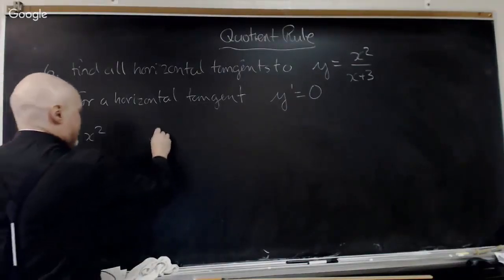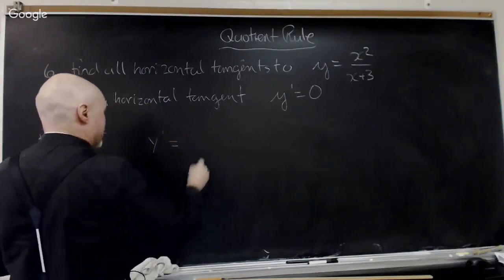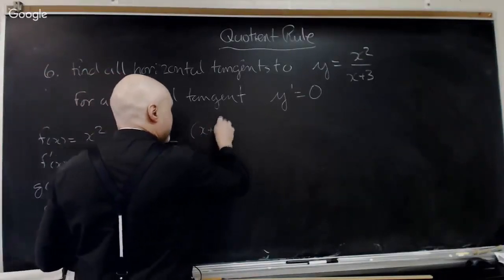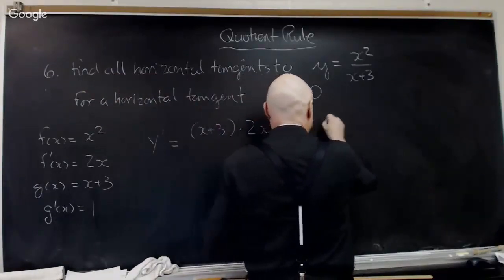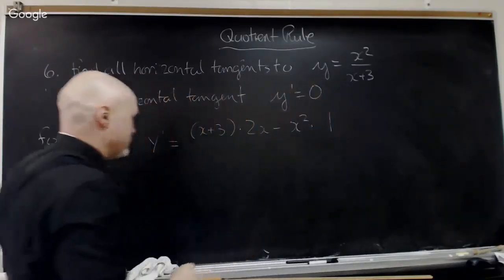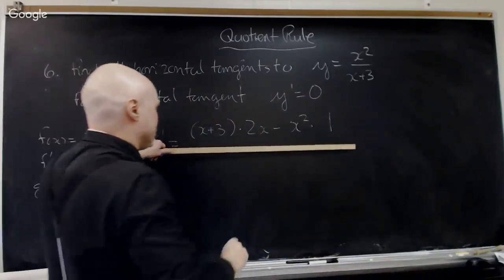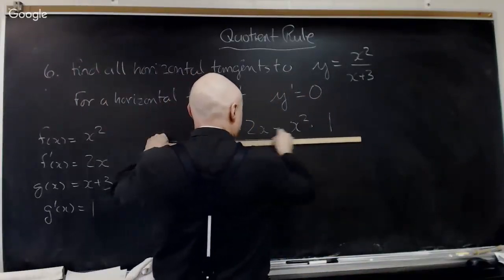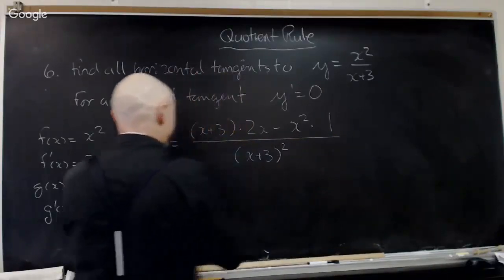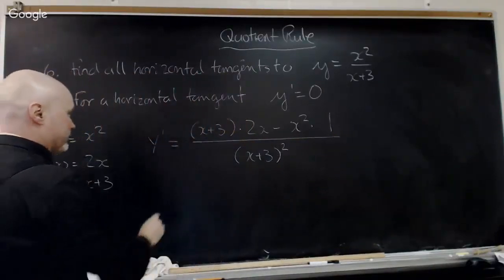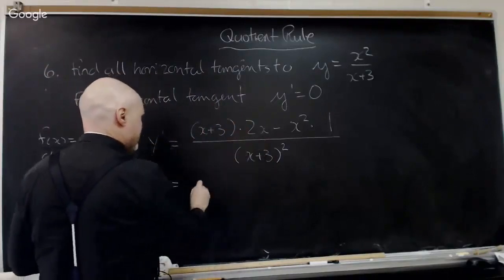Okay. So y prime is the bottom function, x plus 3, times the derivative of the top function, minus the top function times the derivative of the bottom function, which is just 1. And this is all divided by the bottom squared.